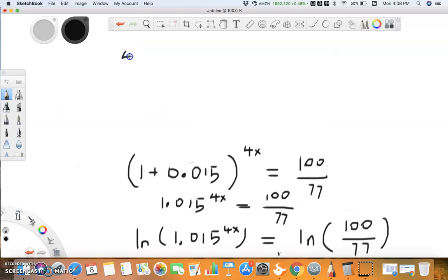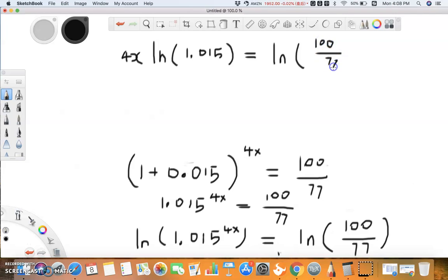So we have 4x. So 4x is moved to the front of the natural log of 1.015, which equals the natural log of 100 over 77.